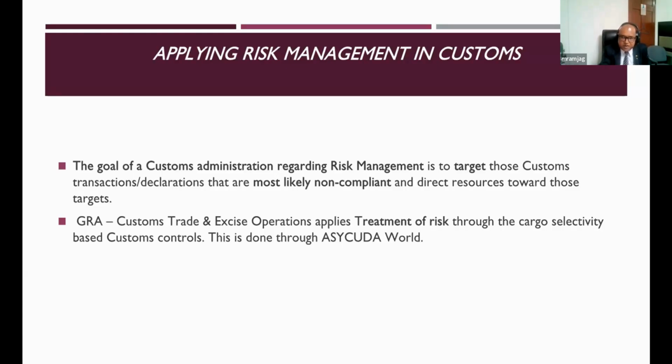Inspection means going for verification, 100%, and so forth. Blue tells you that after clearing of the goods, it is routed for post-clearance audit. That's after clearance, it belongs to post-clearance audit. Green tells you no intervention, release.